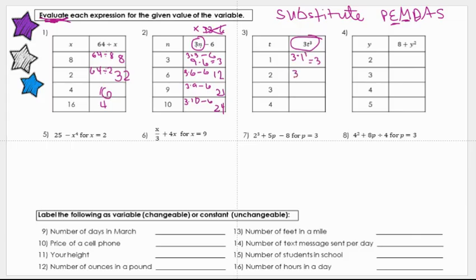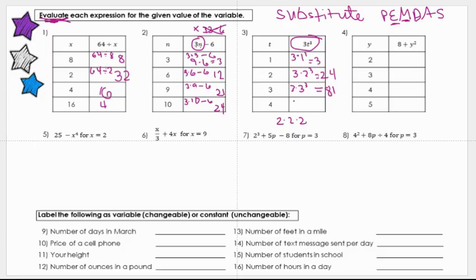This gives us 3 times 2 to the third. 2 to the third, if you remember, is 2 times 2 times 2, which is 8. 8 times 3 is 24. This one is 3 times 3 to the third, which actually is like 3 to the fourth. 3 to the third is 27, and times 3 again is 81.